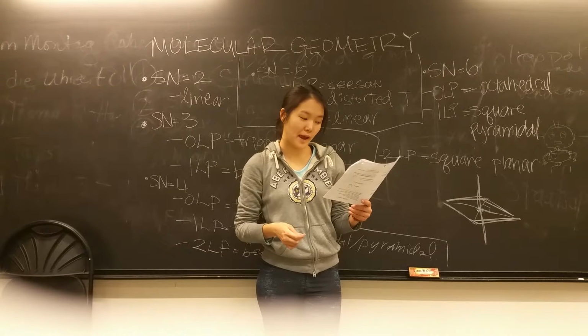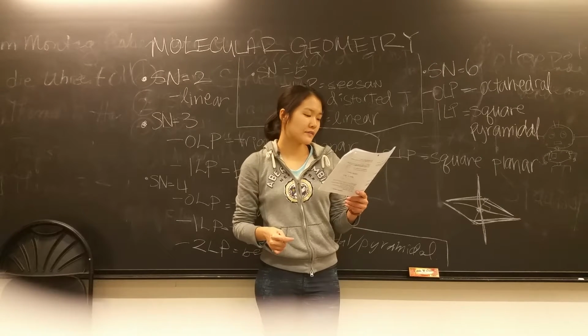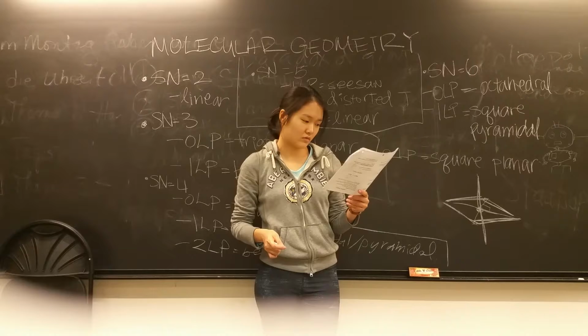And then if you have one lone pair, apparently you're going to have a square pyramidal.